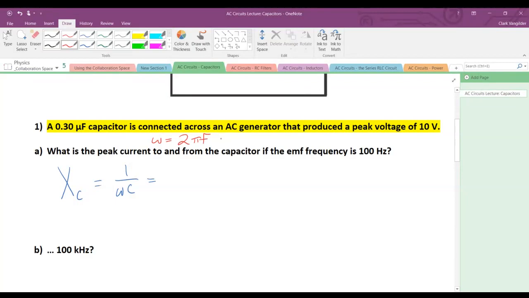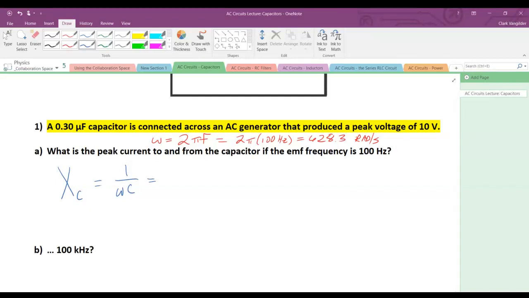Okay, and so at 100 hertz, you would just have 2 pi times 100 hertz, and that would give you 2 pi, 6.28, 100 times that would be 628.3 radians per second. Okay, so just a pure number there.